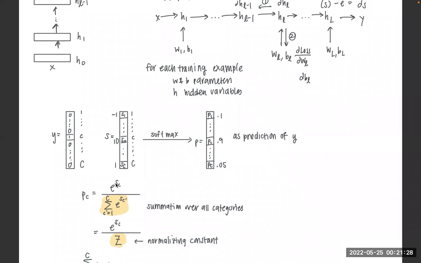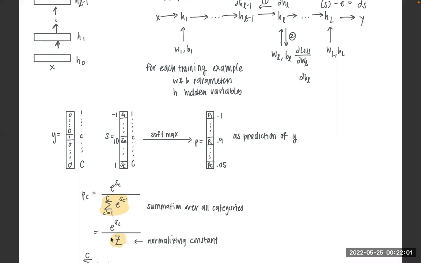So it is based on this transformation. We write P sub c. We exponentiate S of c, and then we divide by the summation of those exponentials, summed over c prime from 1 to capital C, e to the power S sub c prime. Here I use c prime just to avoid confusion, because we have reserved c for this particular category, and this is just a summation.